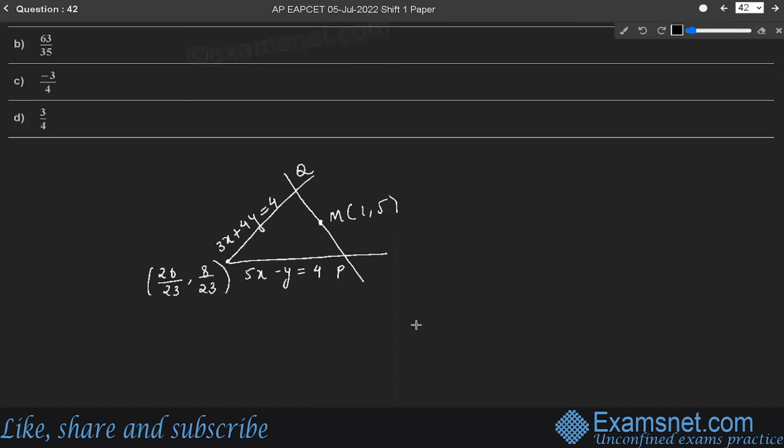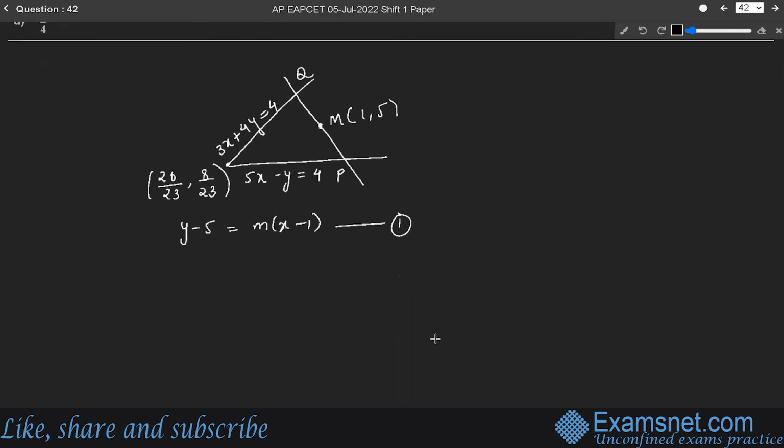We know that there is an equation which is y is equal to mx plus c. Here, according to the given values, y minus 5 will be equal to m into x minus 1. Let this be equation number 1.